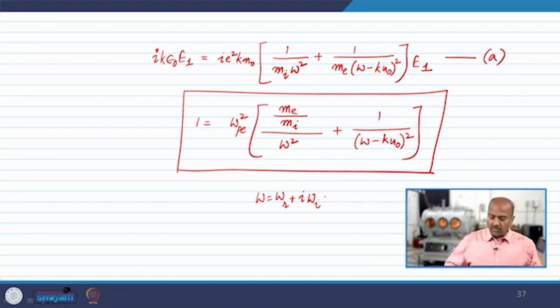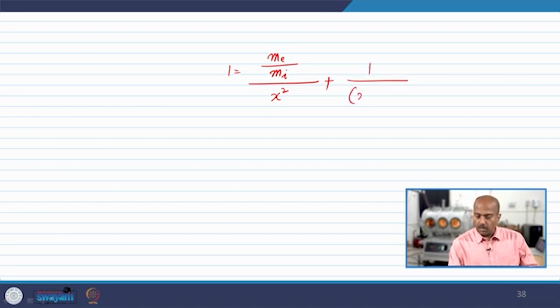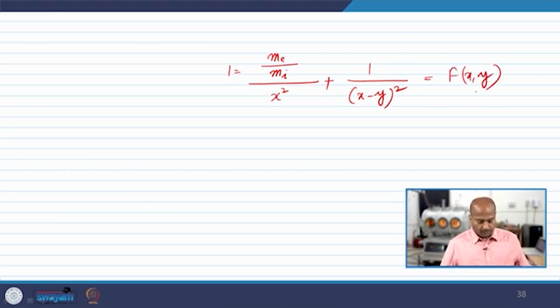So, let us define omega by omega_pe to be x and k u naught by omega_pe as y. Then the dispersion relation can be written as 1 is equal to m_e by m_i divided by x square plus 1 by (x minus y) whole square, which can be written as a function of x and y.